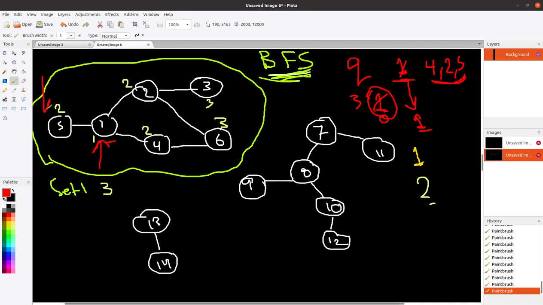So let's start from node number 5. Starting from node number 5, the first node takes group number 1, then its neighbor group number 2, its unvisited neighbors take group 3. Then for this node we have two neighbors, which will be assigned group number 4, and so the answer of this is 4.